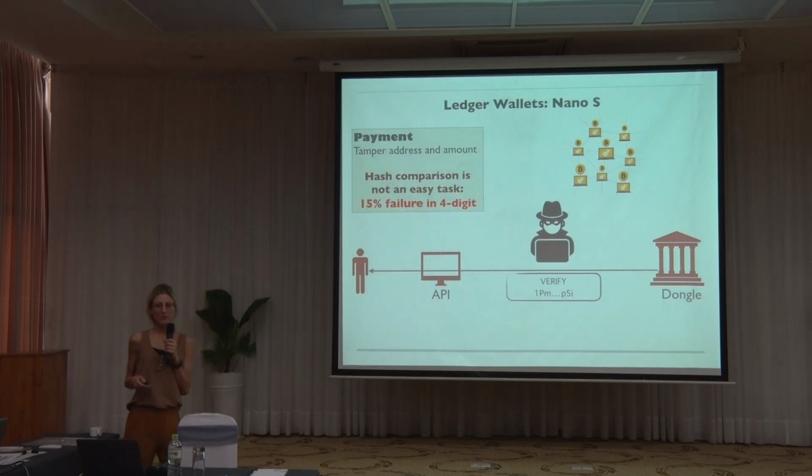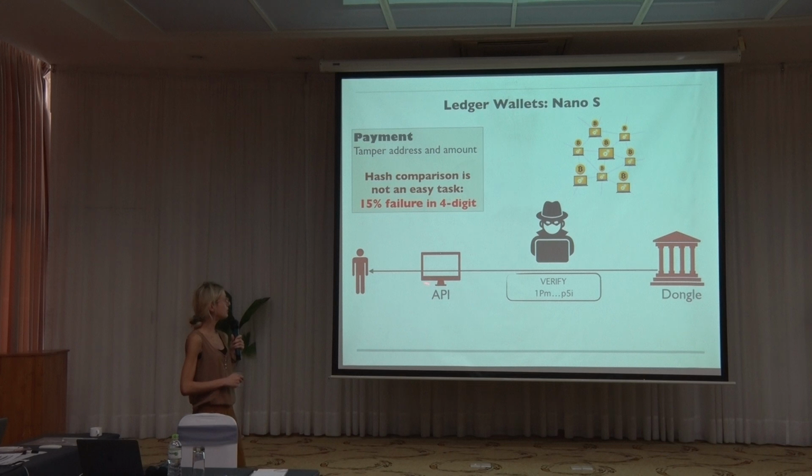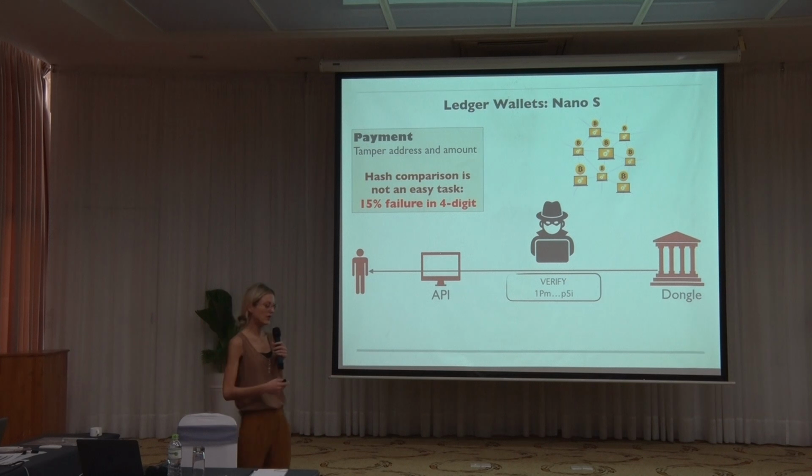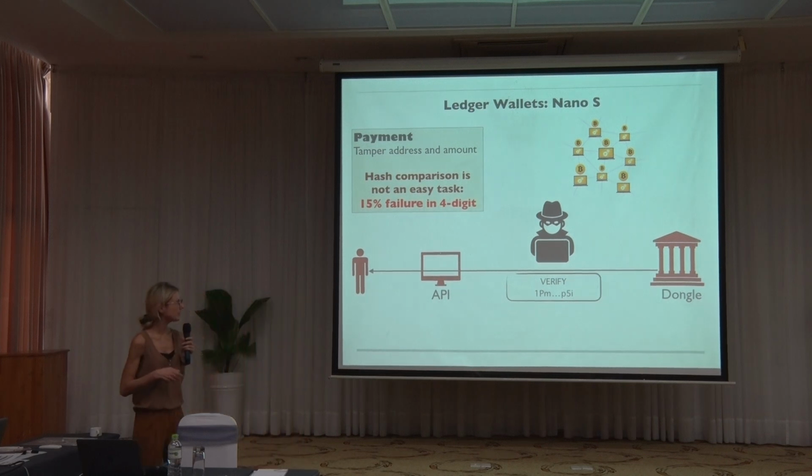Let's see what's going on with the Nano S. In the Nano S, the dongle actually asks for verification directly on the screen. It provides the first and the last characters of the address and requests that the user press a button if the characters of the address are correct. So what's the problem here? We have a hash comparison.